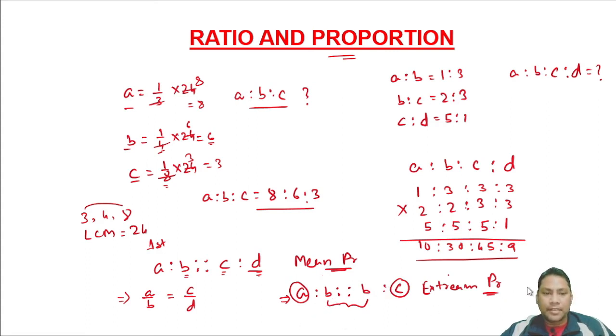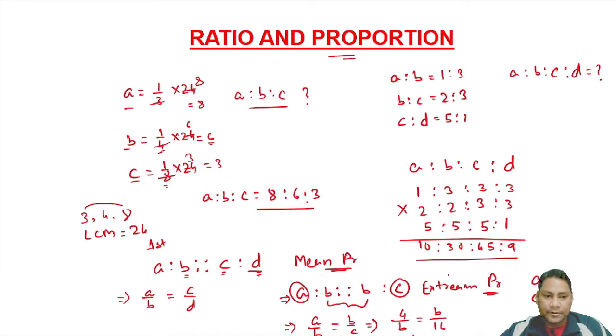Likewise, if in any question the value of A is 4 and the value of C is 16, we can take out the value of B by this mean proportionate formula. We can write it like that: A upon B equal to B upon C. Now we will put the values of A and C. In place of A, we will write 4 by B, and B by the value of C, 16.